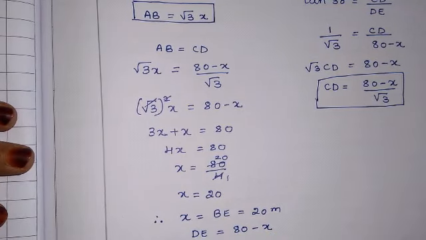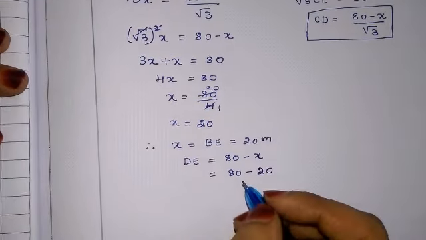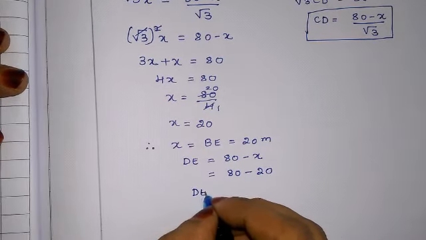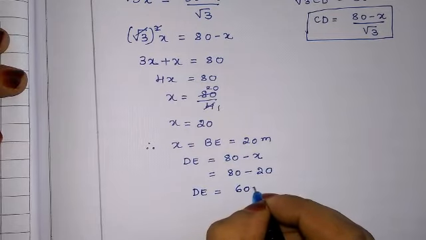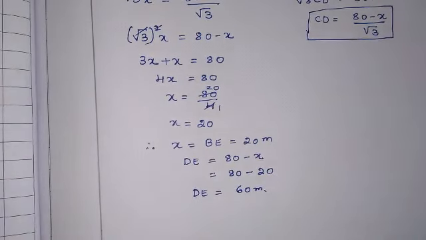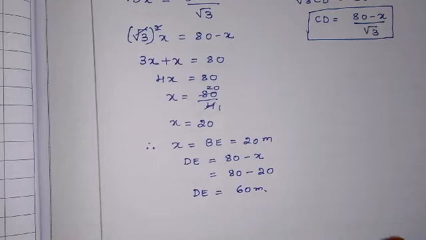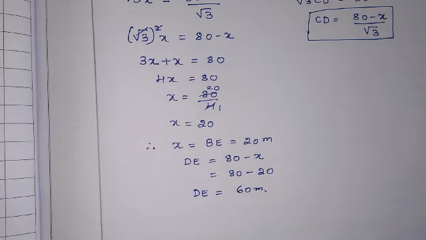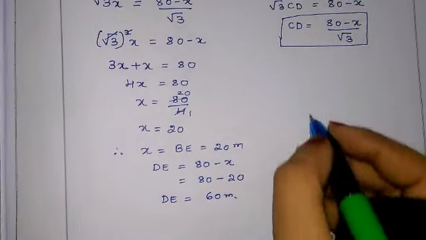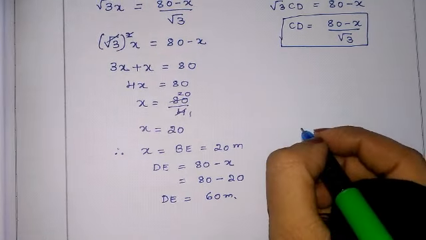That is 80 minus 20, and DE value also we got, 60 meter. Now let us see the height of the poles, that is AB.